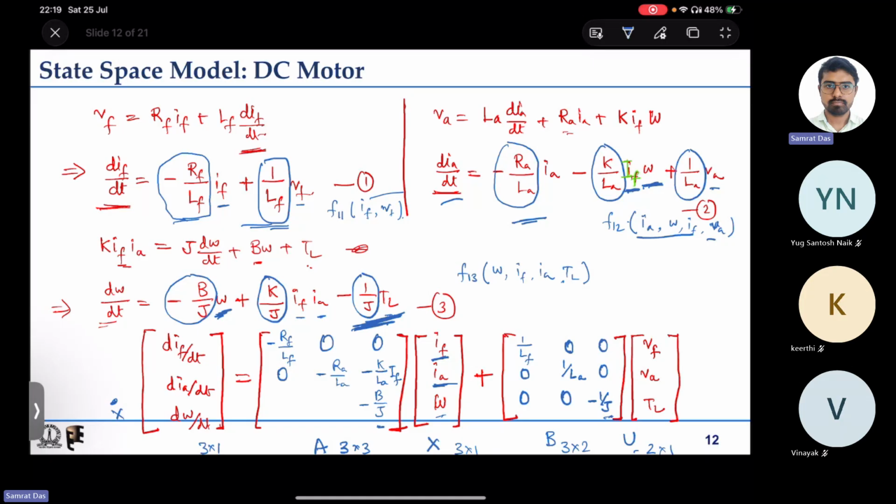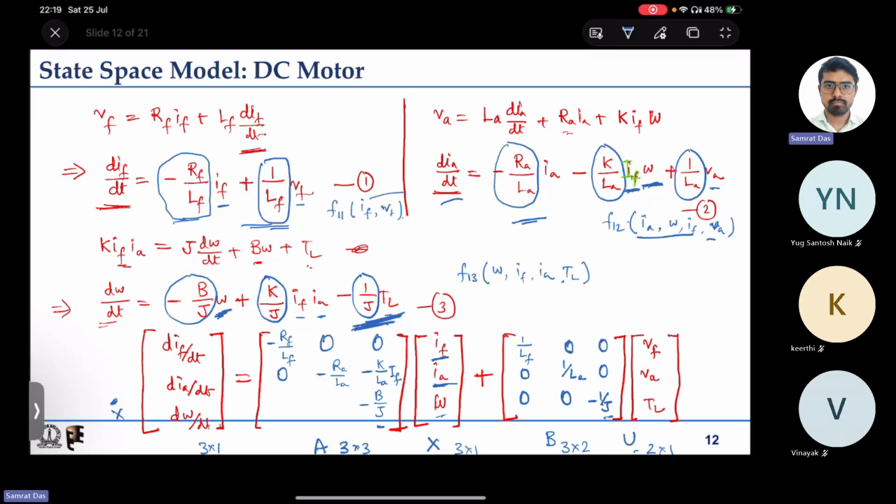The second term again, you see that k by j is a reasonably constant term, but IA and IF both are variables, both are state variables. So again it is a nonlinear system, nonlinear differential equation.